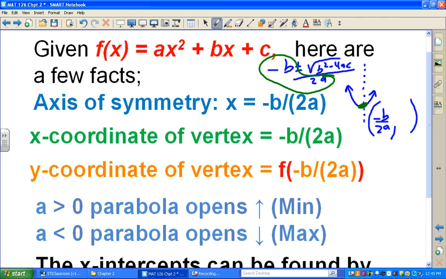I don't know why people don't get this. If you know x, how do you find y? Yeah, you put it into the equation. That's what this says. Put x into the equation. And it works out. This is probably just a reminder.